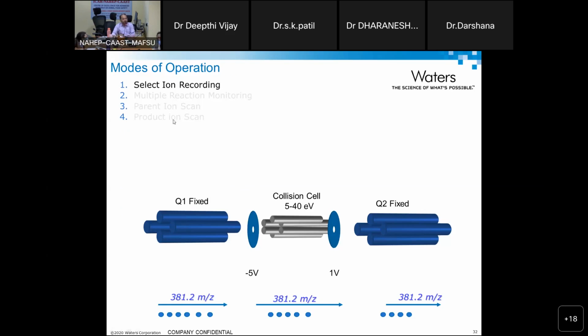In selected ion recording, or single ion monitoring, both the quadrupoles are kept fixed, and the particular m/z value will move from the first quadrupole through the collision cell to the second quadrupole. Okay, so in selected ion recording, you can only use a parent ion or precursor mass for the quantification.